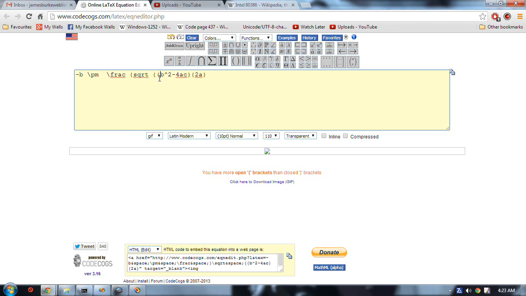Square root b squared 4ac. I wish it wouldn't put the double things in bracket, square, oh, no, sorry.